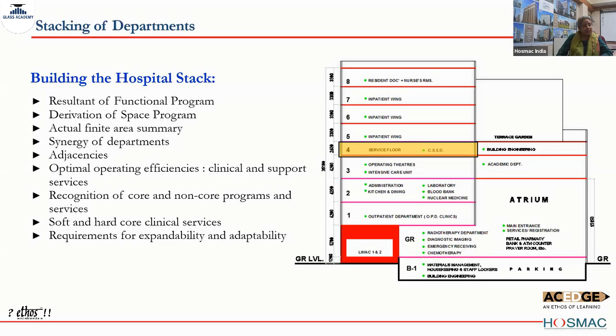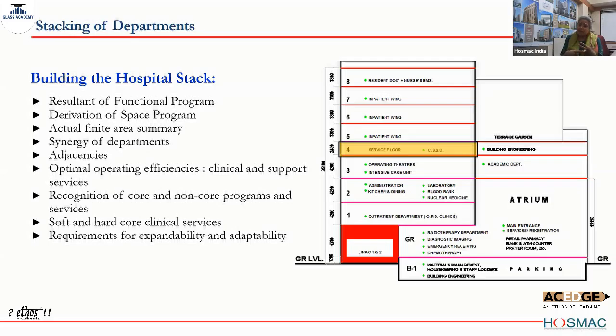Requirements for expandability and adaptability are always to be taken into account because a hospital will keep changing, will keep moving from what was there 10 years ago to a progressive another department, or even the equipment changes. The CT scan machine goes into greater slices of production in diagnostic form.